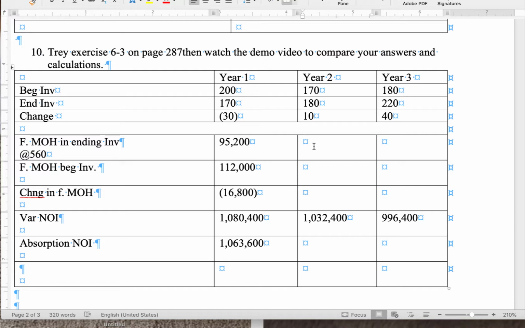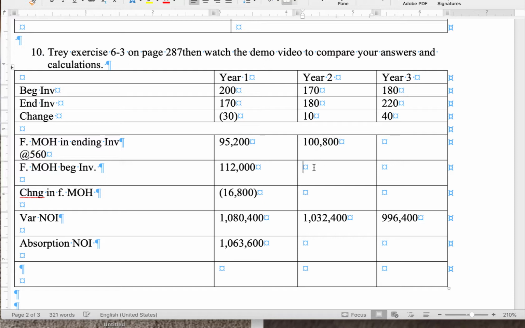I'm going to do the same exact thing with year 2. In year 2, my ending inventory is 180. What is the fixed manufacturing overhead in that ending inventory? 180 times 560 gives me $100,800.